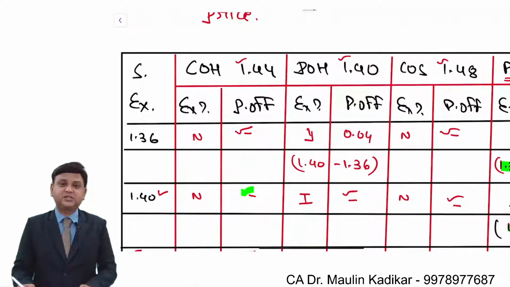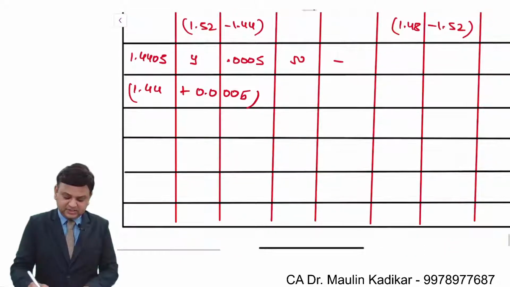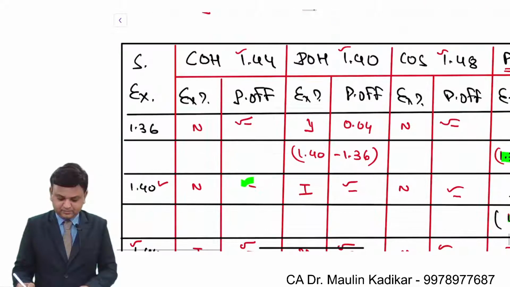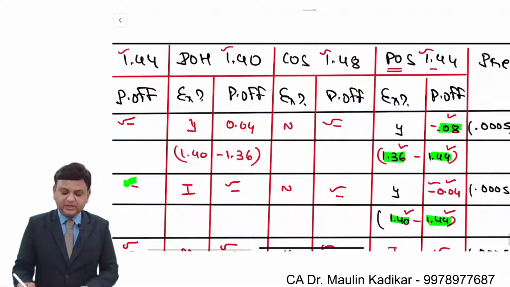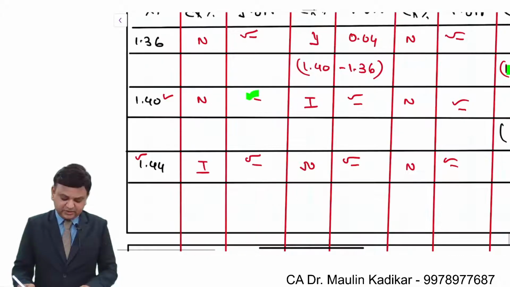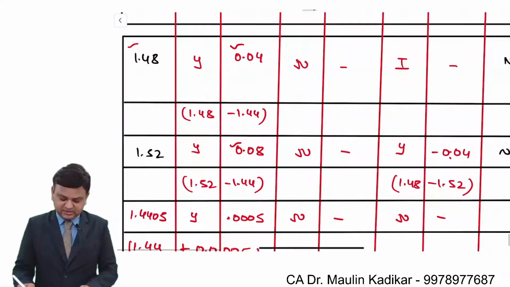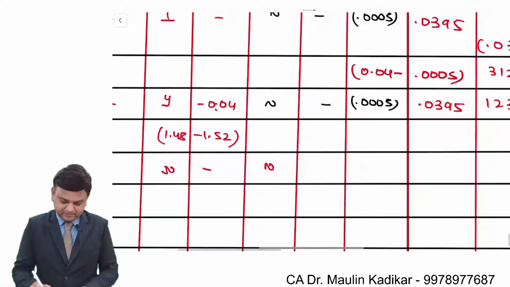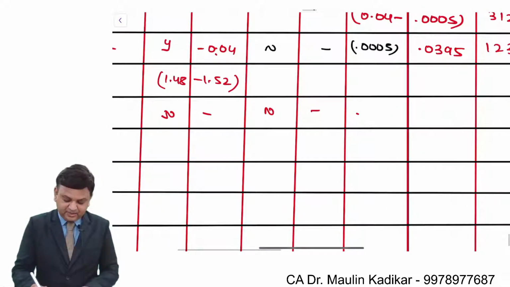Over here, the spot price 1.4405 is not exceeding 1.48, so he will not exercise his call option. 1.44 is the exercise price, and the spot price is not less than exercise price. So again, this put option will not be exercised. The premium is the amount of the payoff.